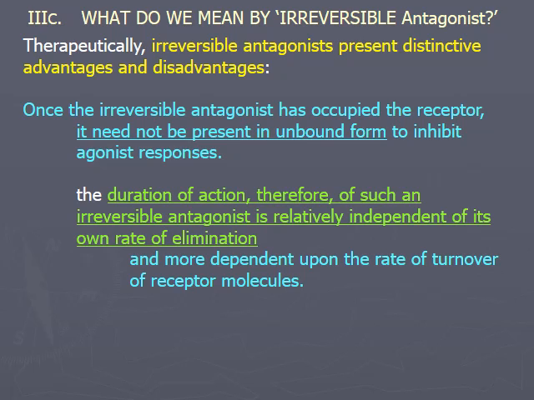Now, getting back to irreversible antagonists, they have some consequences because when the receptor gets bound by the irreversible antagonist, it stays bound. So we say that the receptor has become derivatized, right? It's changed, it's altered. The drug's not going to fall off. So now if an agonist comes along, does it have a chance at stimulating?